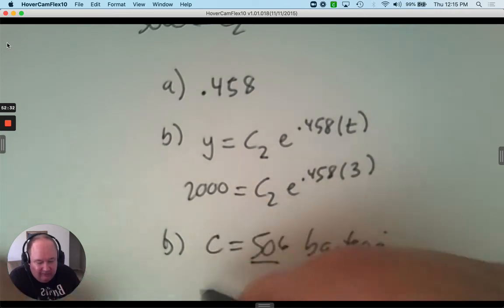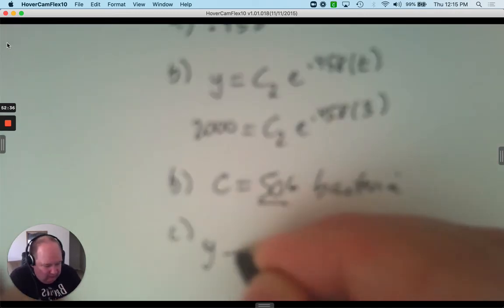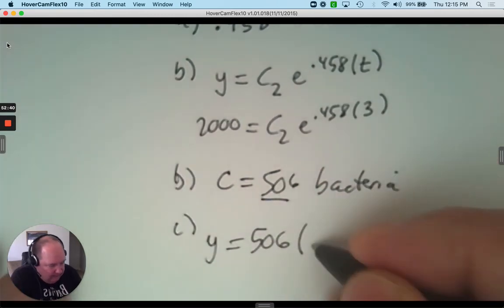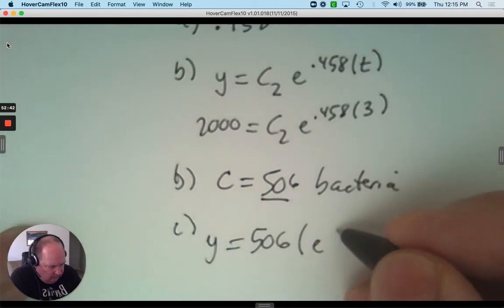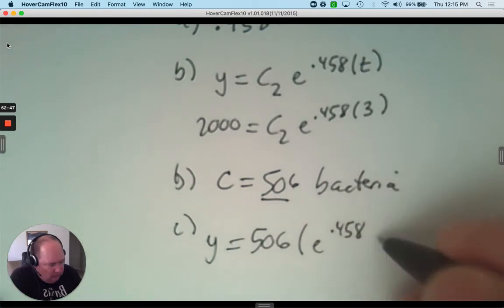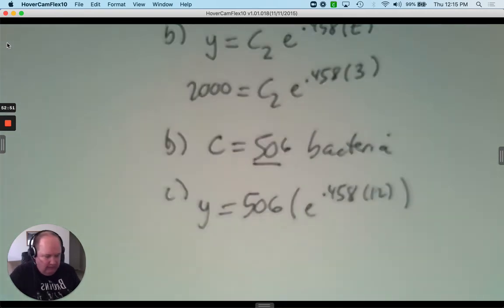And then C says estimate the number of bacteria after 12 days. Well, now we need to use this. So we have 506, and then it's e, and it's after how many days? 12 days. Then use your calculator, and there you go. So I'm going to do that too. Type it in: 506, and then e, and then I'm going to paste times 12.